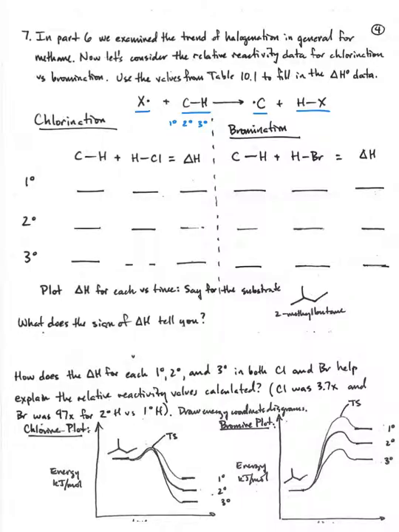So we're going to examine both chlorination and bromination because, like I said, we already determined that they will sustain the free radical chain reaction. And now we're going to look at the values for abstracting specific primary versus secondary versus tertiary CH bonds for each.